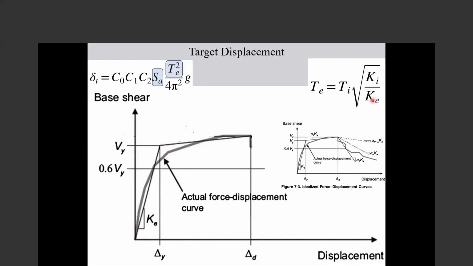Equivalent is here, then we have the T equivalent. So we have the T equivalent, we have the SA. So these inputs we assume that we have them.